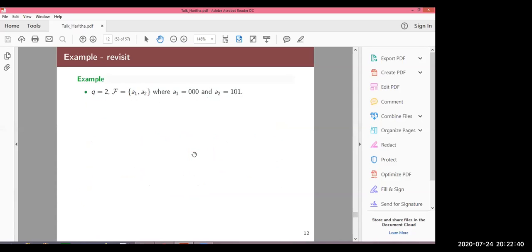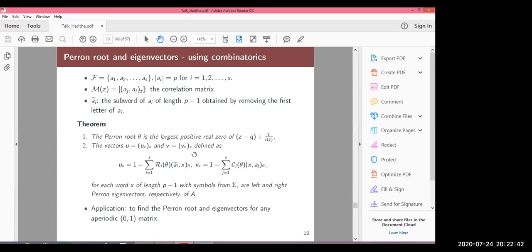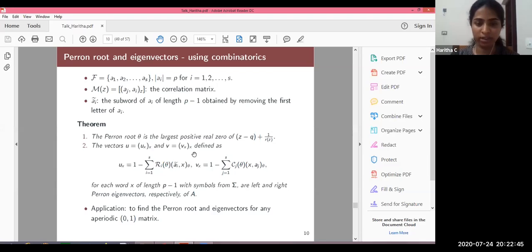When you have a directed graph, then you can always find the forbidden words because you can look at the edges which are not possible. So that will be the forbidden collection. So there is an associated subshift for any directed graph given. So in fact, this can be applied to any aperiodic 0-1 matrix because that has a directed graph associated to it. Thank you.